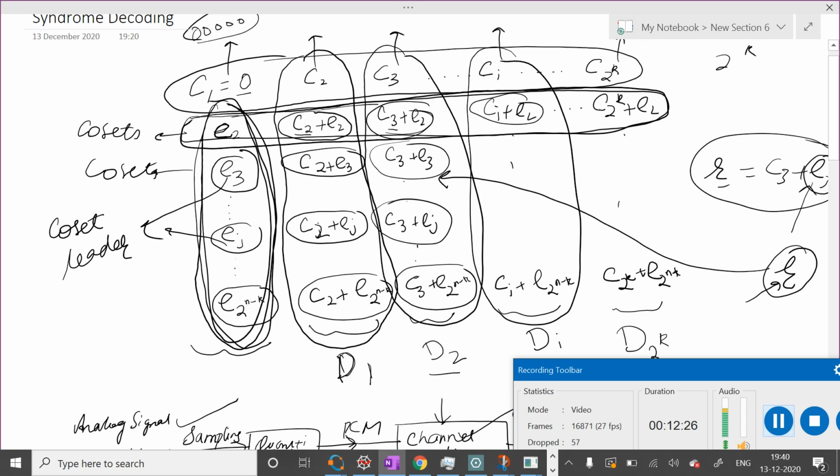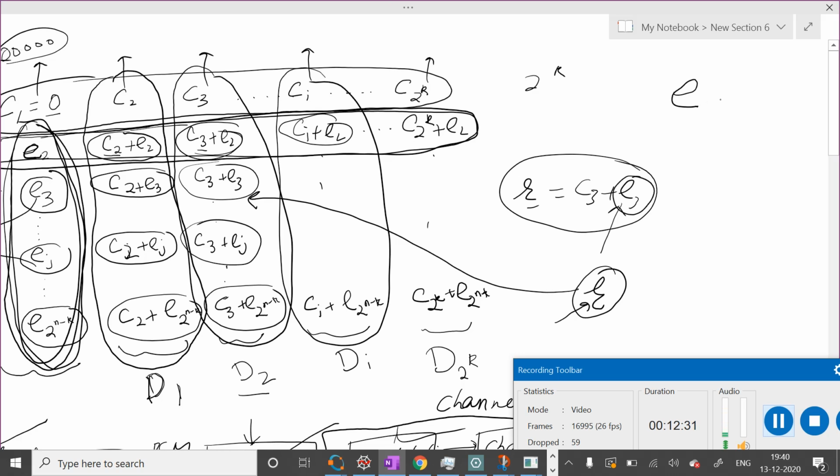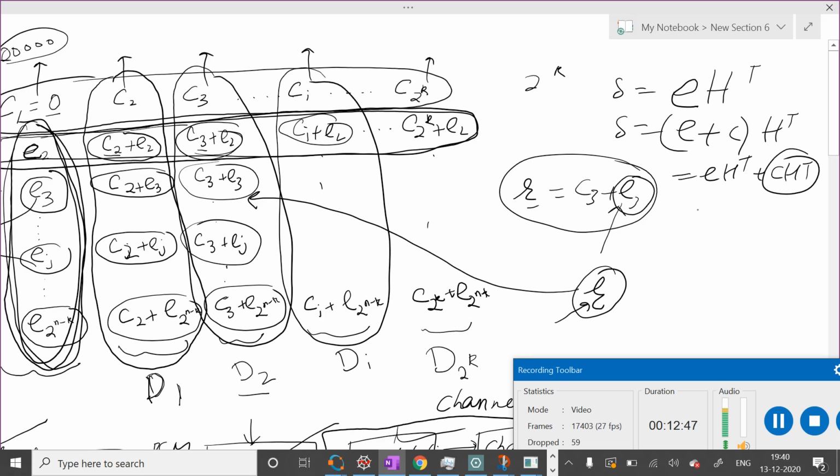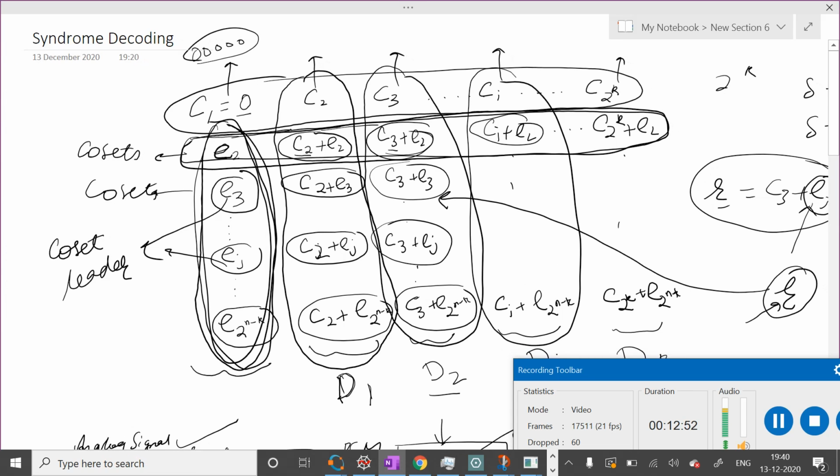I already told you in the previous lecture that if you add any code word to an error pattern, its syndrome will remain the same, because it becomes E H transpose plus C H transpose. C H transpose is 0, so it becomes E H transpose. So first is E2, then you add code words to this, C2 and so on. So this is called a coset, a coset of the code.